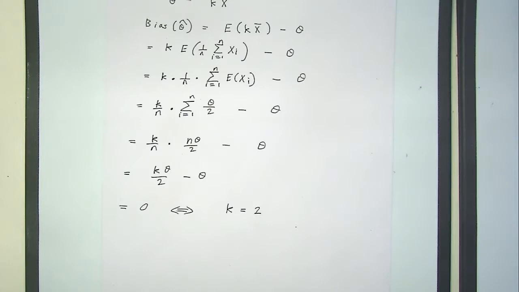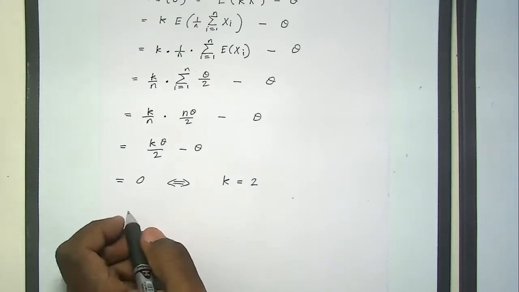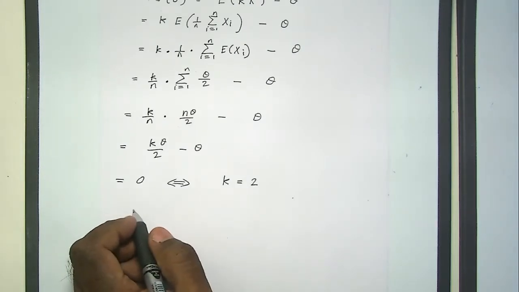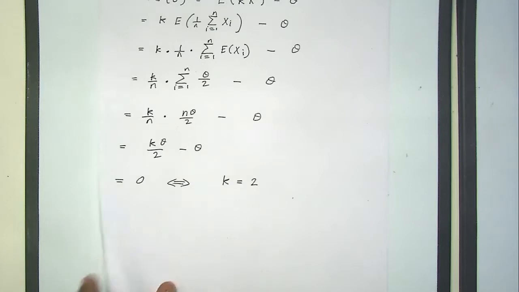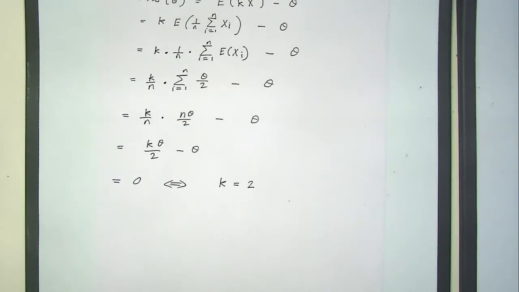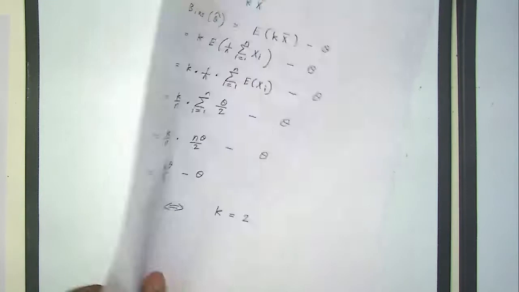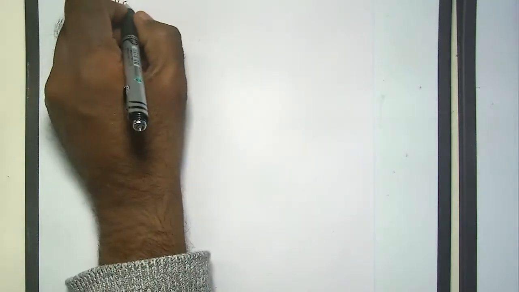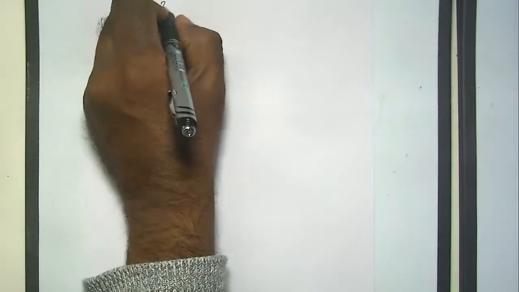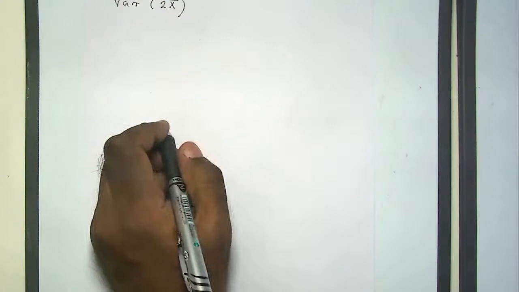Alright, the second part is asking you for the variance. Okay, so before I do, let me do that on a fresh page. So it's asking you for the variance. So we're looking for the variance of 2 times x bar, right?